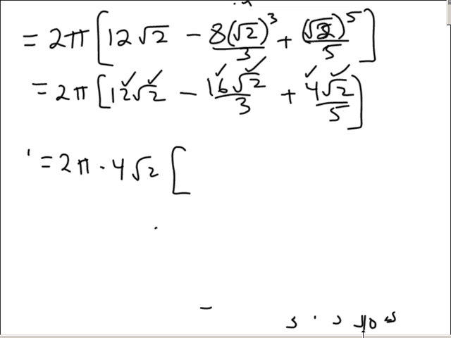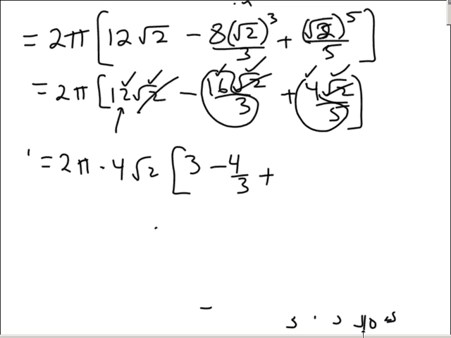When I factor out the 4, from 12 we get 3, from this number it will be 4 over 3, and from this number it will just give you the 1/5. Okay, 2 times 4 is 8 times square root of 2 times pi.